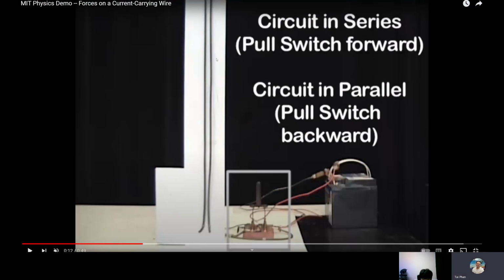So the two currents, upward and downward, are in opposite directions when the switch is pulled forward. And when we change the switch to the backward position, the two currents will run in the same direction, and we will see how they repel or attract each other.